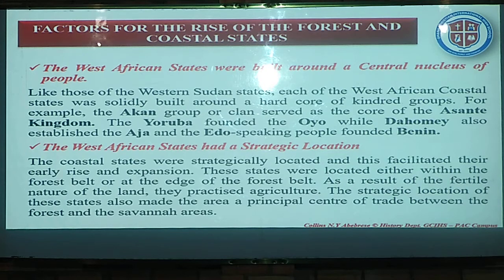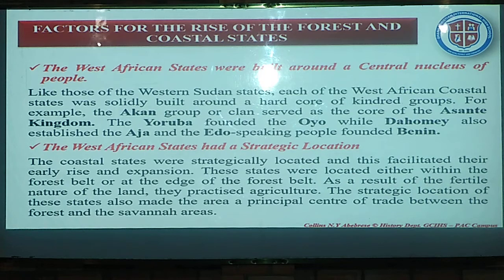But because we are saying that this helped them to rise, they were free from war and rebellions, because all of them saw themselves as one people, and therefore there was no need for them to fight. And so, because they were built around the same people, it aided them to rise. Do you agree to that? Good. Let's take a look at the next one.